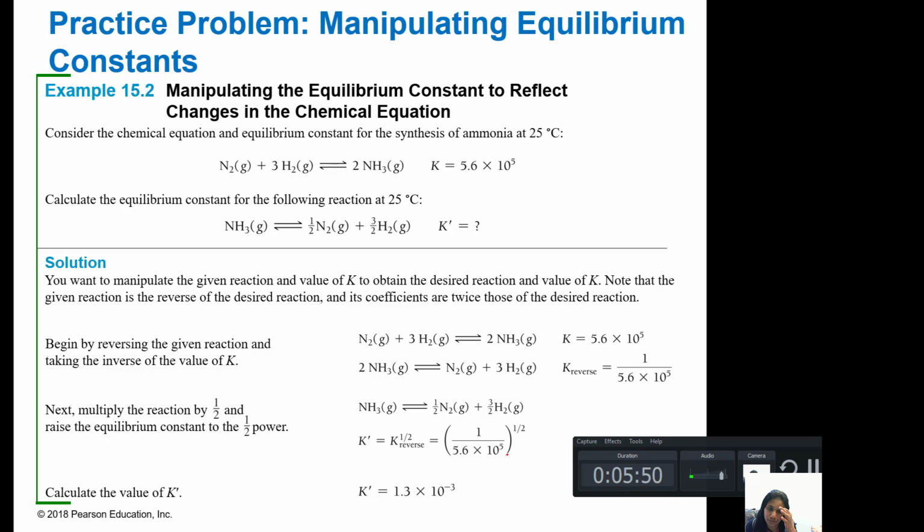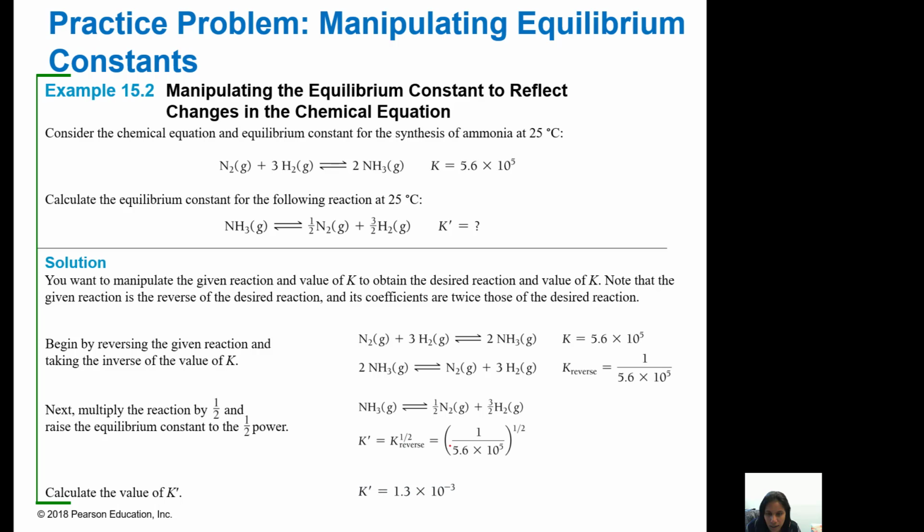This would be the answer. K reverse is this one, but we're not talking about 2, we have only 1. So K equals K to the half, 1 over K, multiplied by the half. That's what you do.